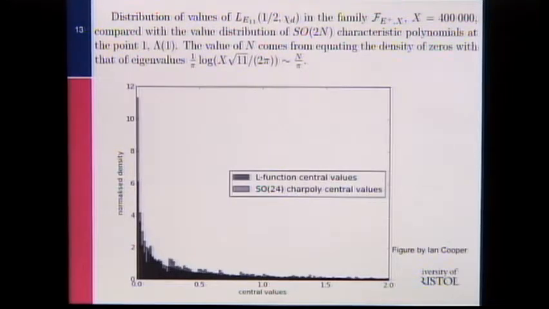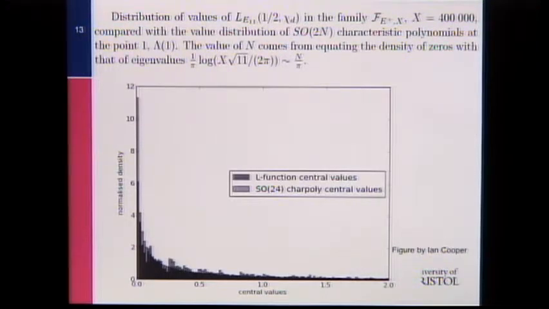So remember, we had the formula for the L-values. It was some constant, an integer squared over root d. Again, this plot is sort of missing the big spike at the origin where the L-functions that have value 0.